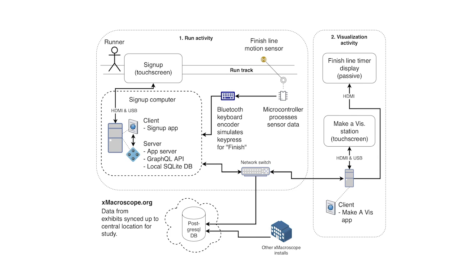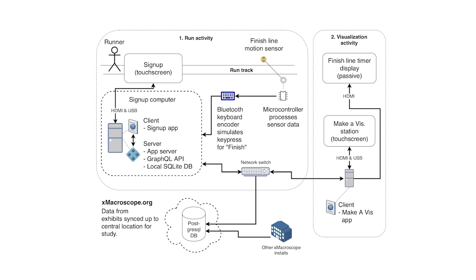In area number 1 in this graphic, you can see the runner starts at a sign-up screen where they enter information about themselves, their zip code, their height, other different data variables that we want to compare their runtime with. That gets pulled into a computer and pulled into the system with all of the computers networked together. We'll speak more about some of the technical aspects of the system later in the presentation.